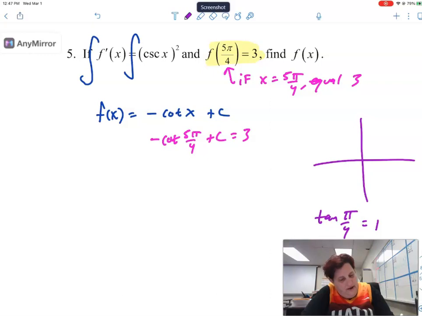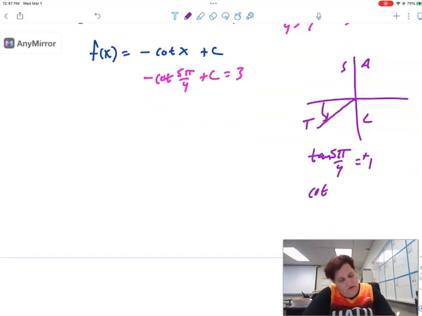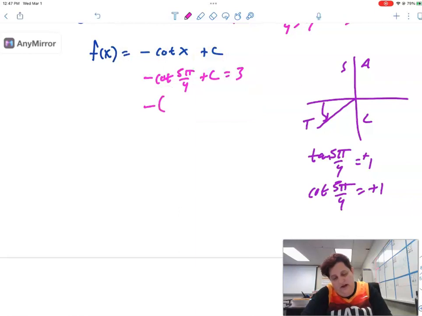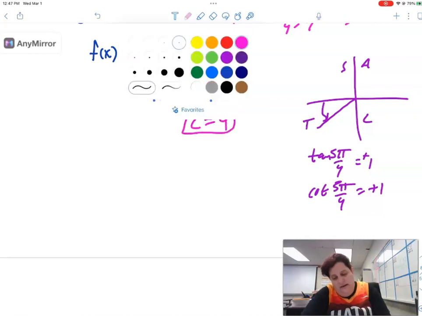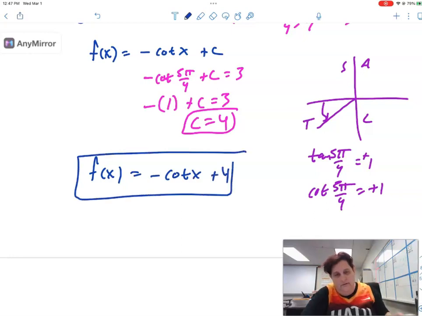Now, 5 pi over 4 will go into the third quadrant, because it's a little bit past pi, and it goes ASTC. So tangent of 5 pi over 4 is positive 1, which means cotangent of 5 pi over 4 is also positive 1. Okay, so when I come back over to here, it's negative of a positive 1. So when I solve for c, c is 4, and I can write my final equation as f of x equals negative cotangent of x plus 4. Okay?